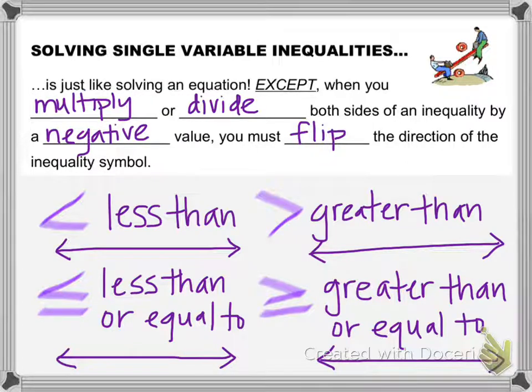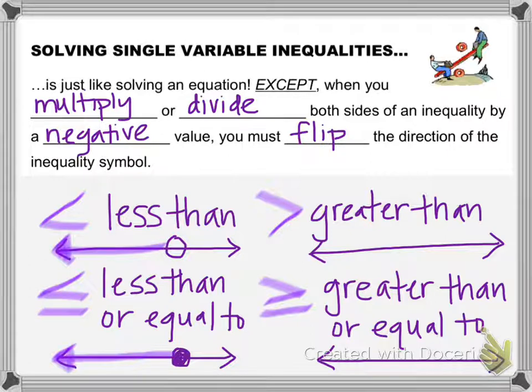For example, on less than, we indicate the number that it's less than with an open circle on that number, and then we would shade everything to the left of that open circle. For less than or equal, we would have a closed dot on that number that it's less than or equal to, and then we would shade everything to the left that's less than or equal to that number.